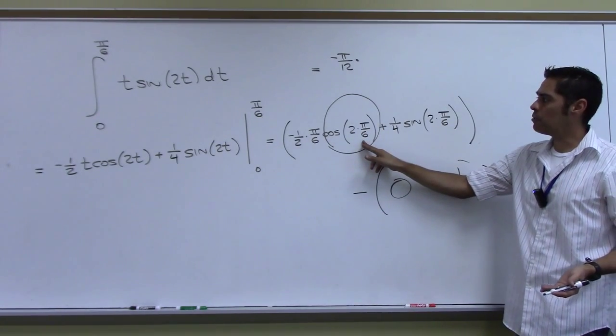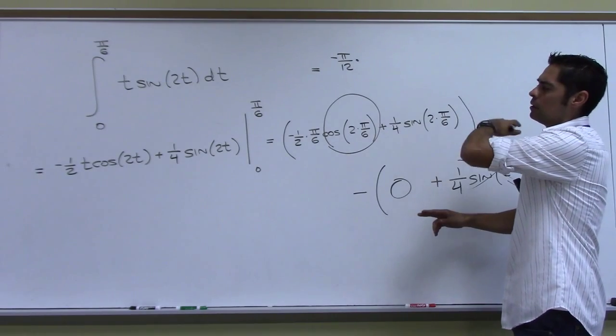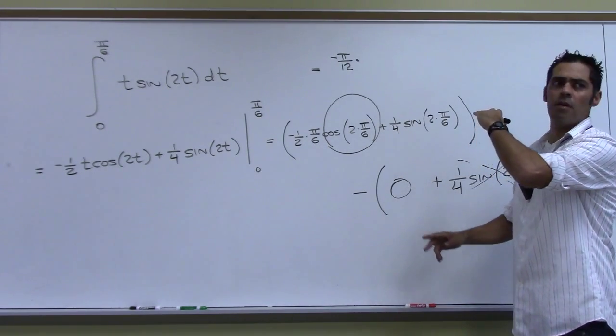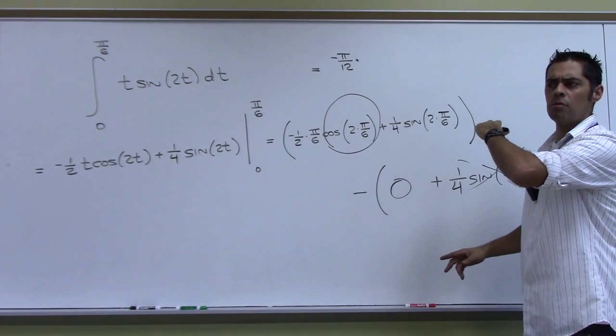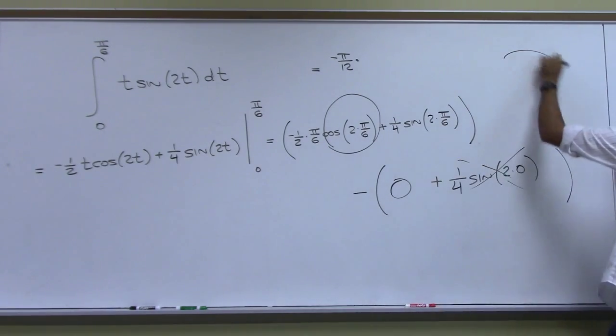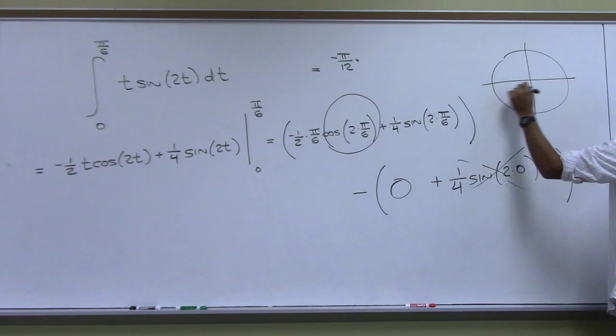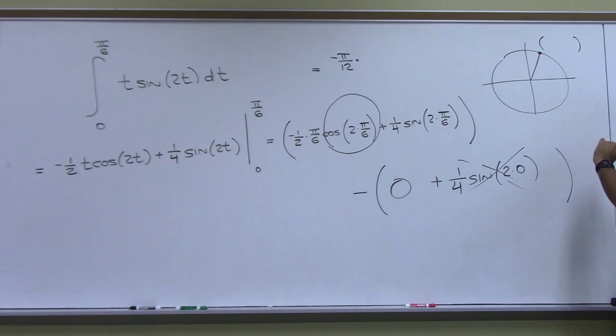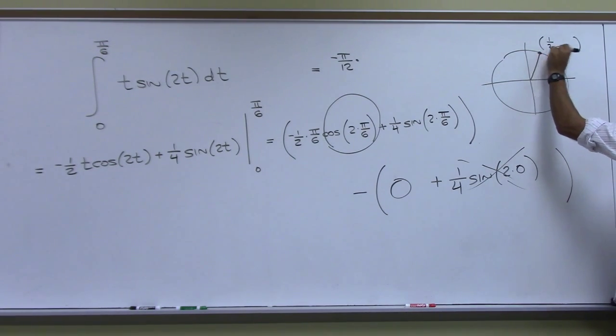What's cosine of pi over 3? Did you say root 2 over 2? Root 3 over 2? Or is it 1/2? Hold on. Where's pi over 3? Right there. Cosine is which one of those points? The first one, which in this case is 1/2.